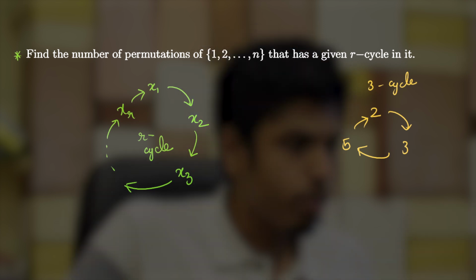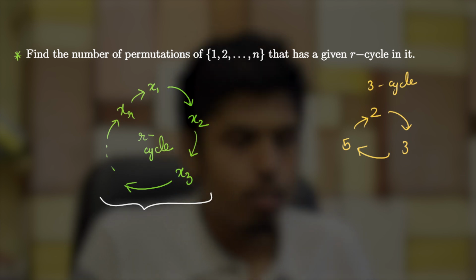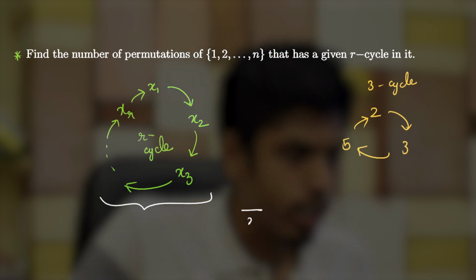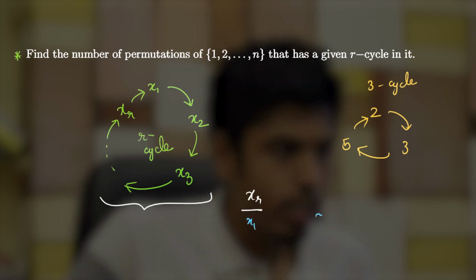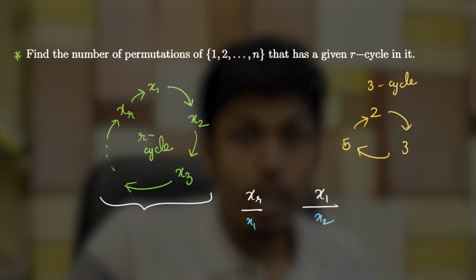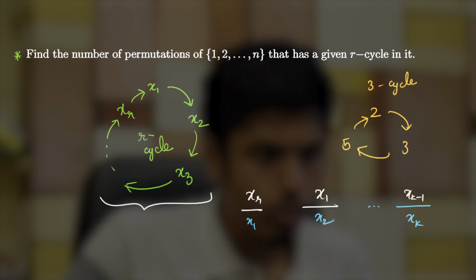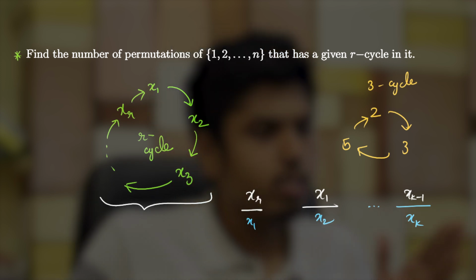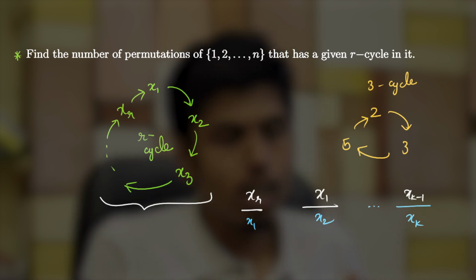It is simple. Remember that this r-cycle fills up r positions automatically. For example, in the position x1, I have the number xr going into it, and in the position x2, I have the number x1 going into it. Similarly, in the position xk, I have the number xk minus 1 going into it. So all the positions from x1 to xr are now filled up.